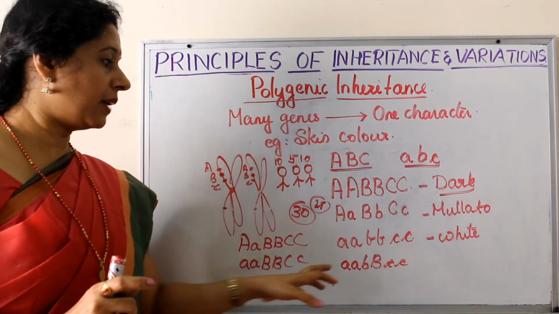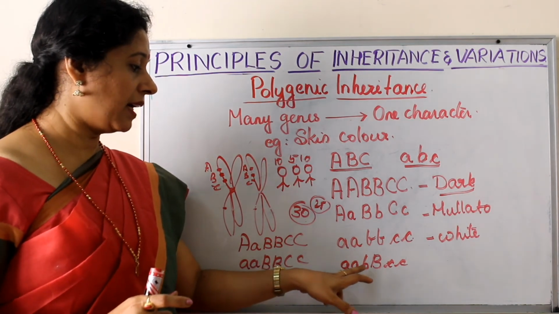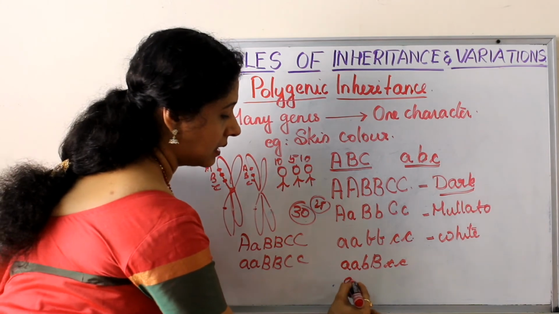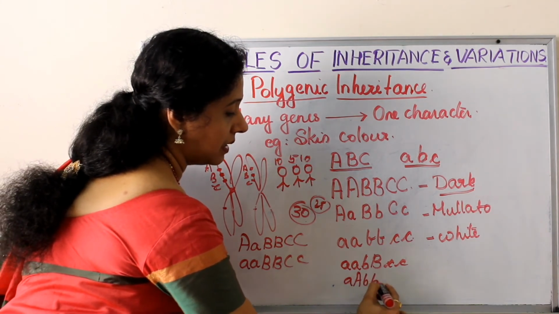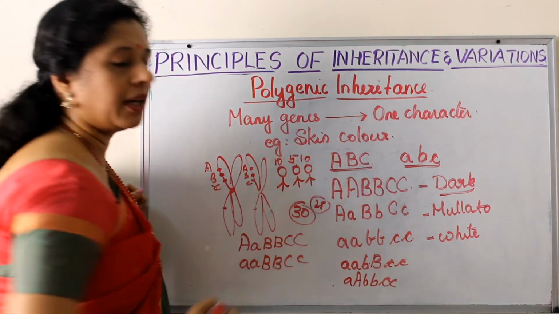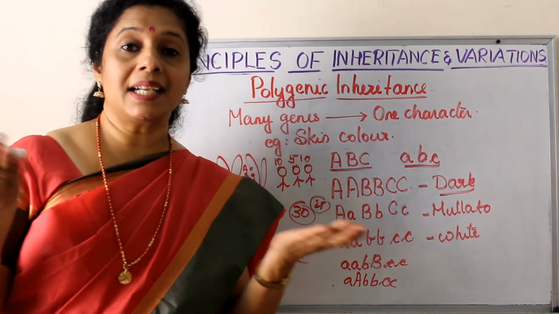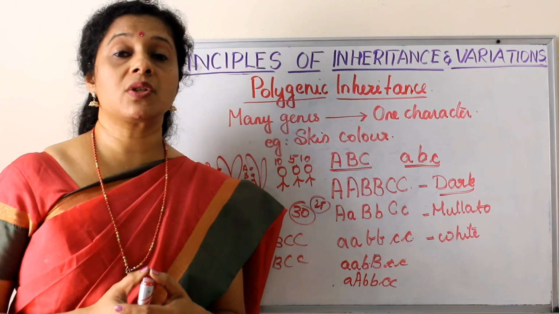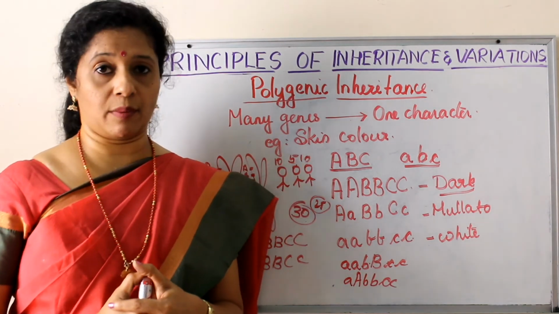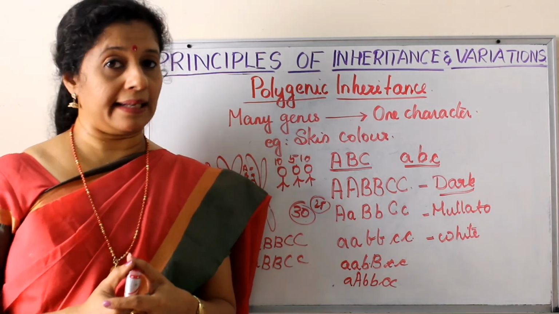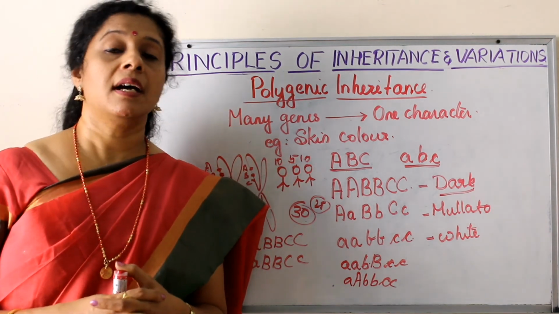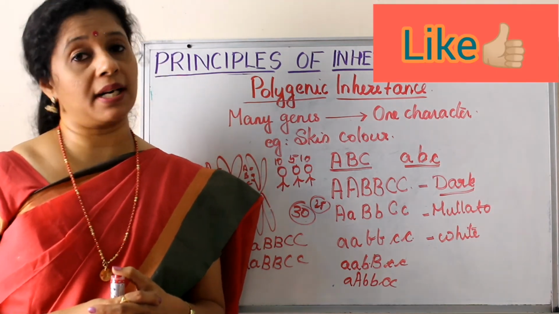Suppose I cannot say that one person with small a, small b, capital B, small c, and another one with small a, capital A, small b, both of them have only one dominant gene, but they may not be exactly the same shade, because skin color is a character which is also under environmental influence. It depends on the region where they live also. Okay, if they are in the tropical climate or temperate climate, all these should be taken into consideration.